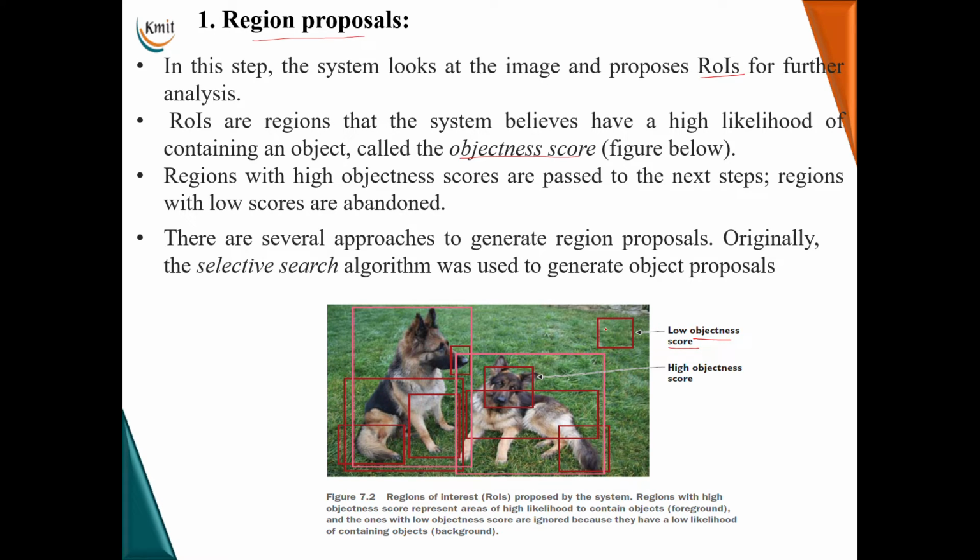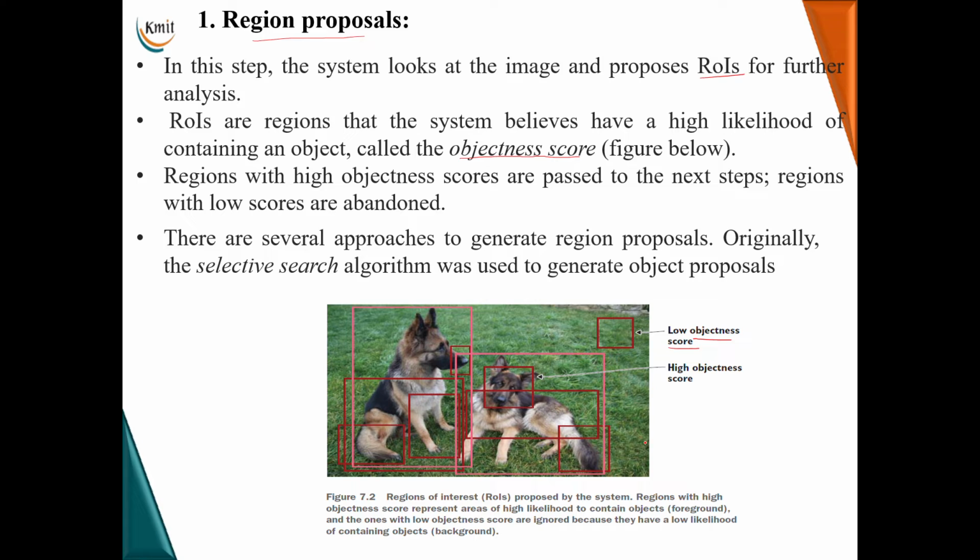If you look here, this is the background bounding box, which has a low objectness score because there is very little probability of an object being contained in it, whereas for the object contained in this bounding box the probability is more, which means it has a high objectness score.